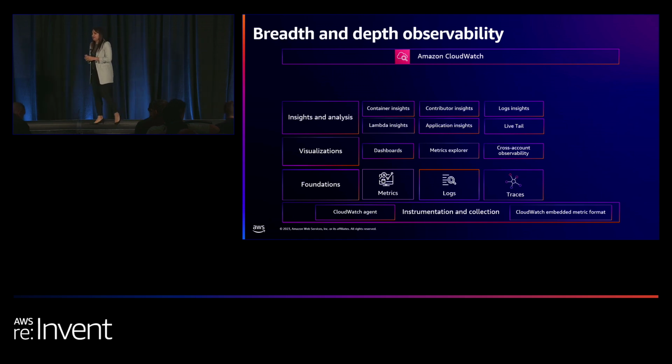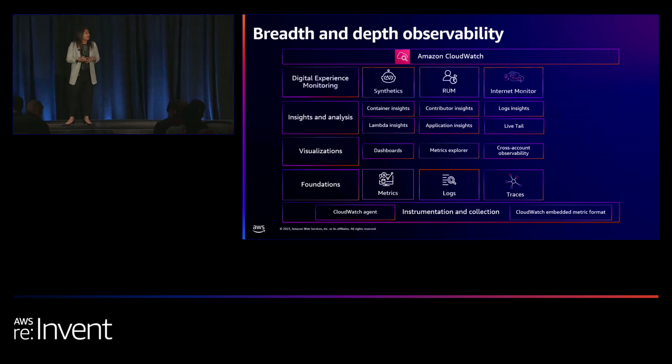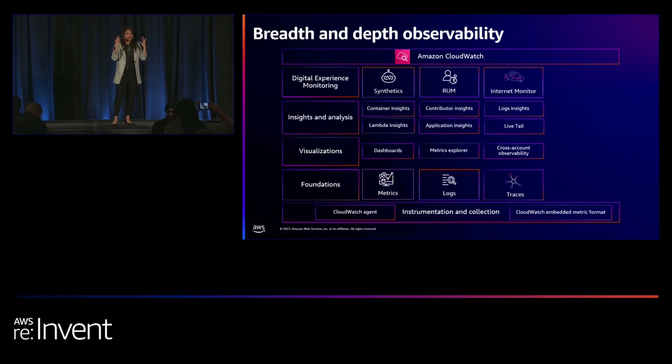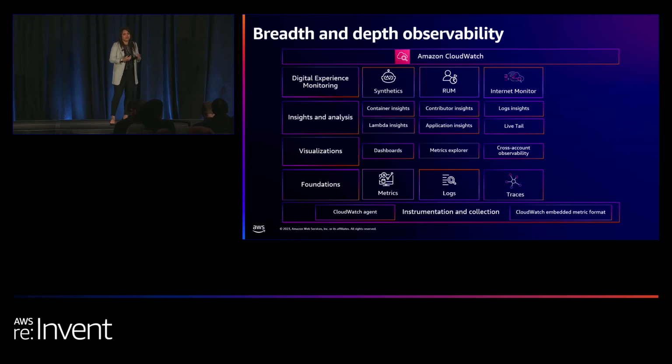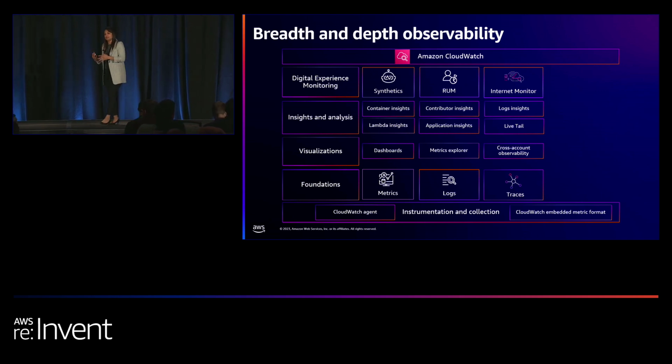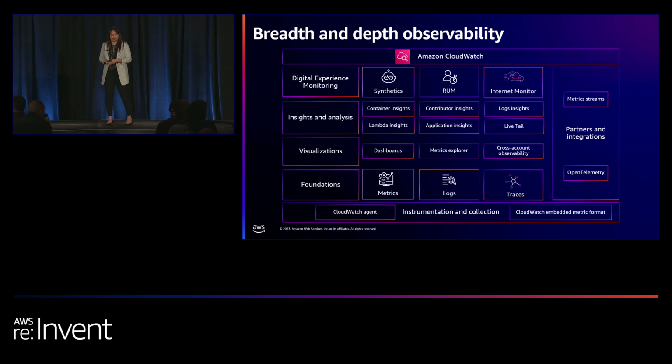You have tooling that helps you go deeper into logs, and then search logs as well. And then the last step of the stack is really, how do you really understand what your end users, your customers, are facing? And this is done through several other capabilities like synthetics, real user monitoring, and internet monitoring.